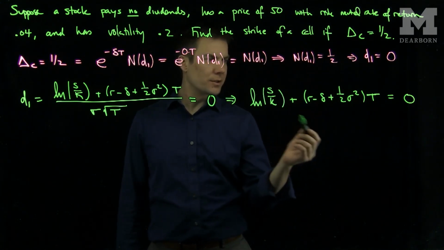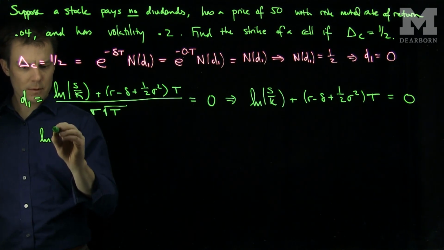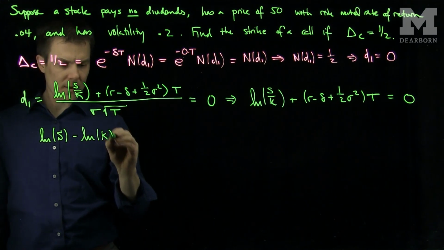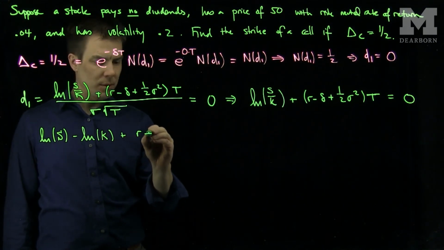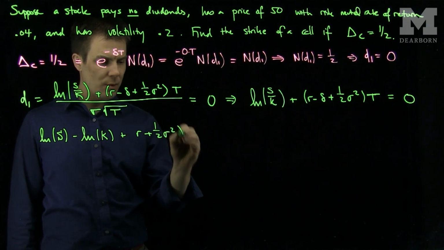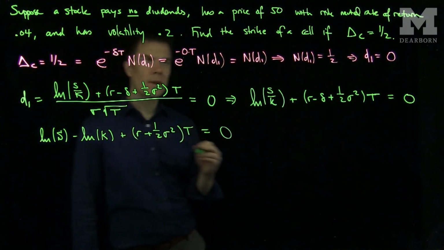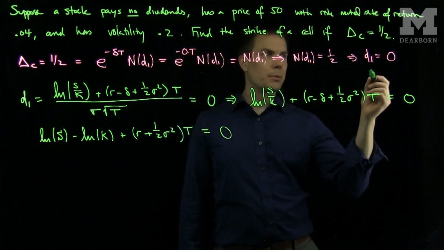So we know that delta is equal to 0. So we have that the log of S minus the log of K plus r plus 1/2 sigma squared t is equal to 0. And so let's specify that this will be a 1-year option.